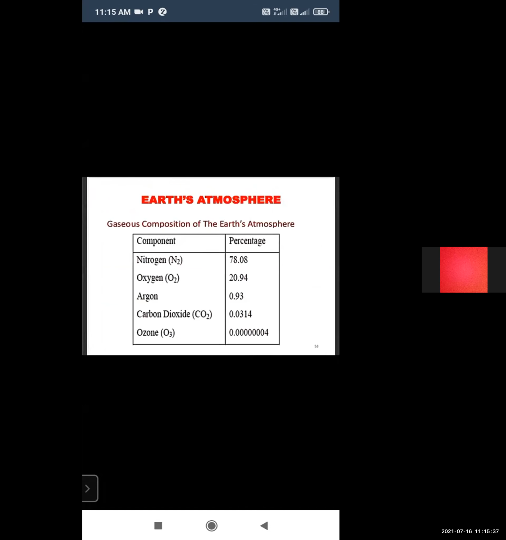Nitrogen is 78.08 percent, oxygen is 20.9, argon is 0.93, carbon dioxide is 0.03 and ozone is very small, 0.4 into 10 to the power minus 6. But ozone and carbon dioxide are very important. The ozone layer also absorbs certain wavelengths, including ultraviolet rays.